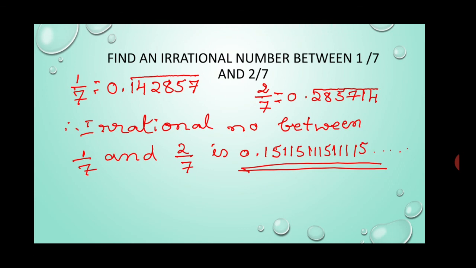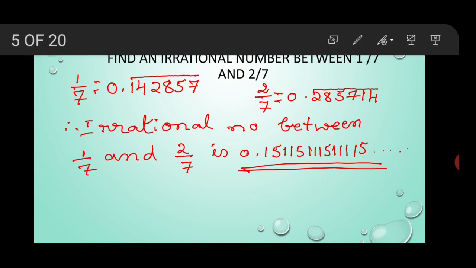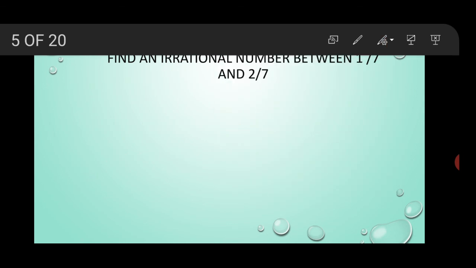Okay, let us move to exercise 1.3. Do it yourself. I solved similar problems just now. You have to finish exercise 1.3, and the last question, question number 9, I will solve now.